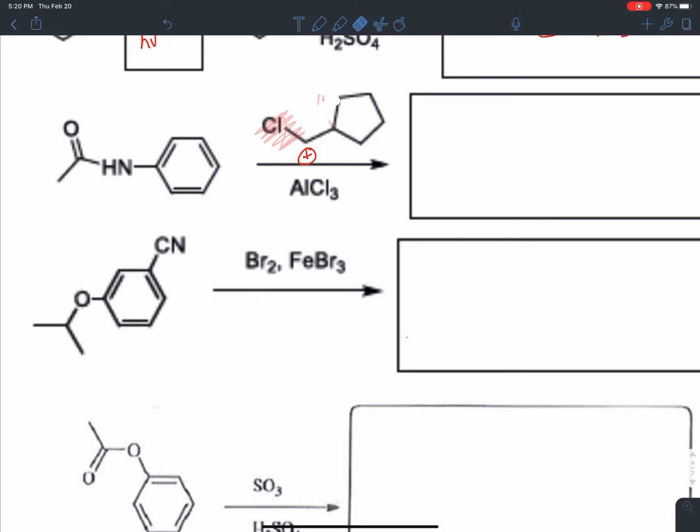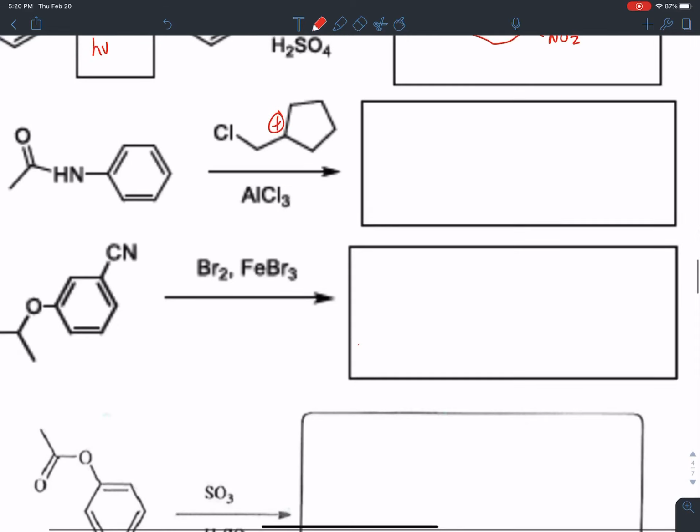When you do the hydrogen shift, the positive comes here. So they wanted the benzene to attack this spot. Now the question is, is this nitrogen electron donating or withdrawing? It's still donating because this goes here and this goes here. So the next thing should go para, which is right there. So that's what we're going to do.